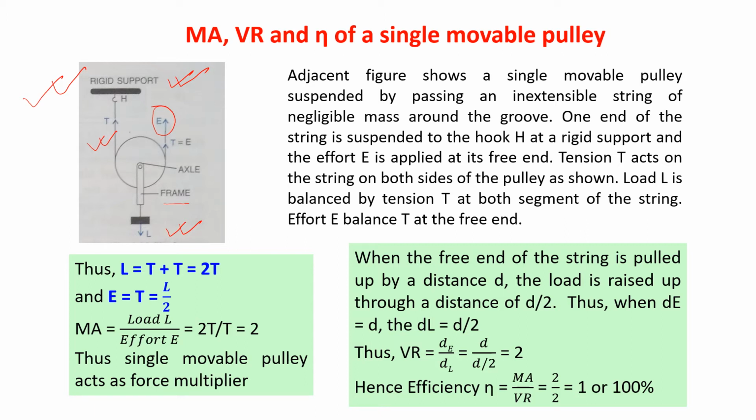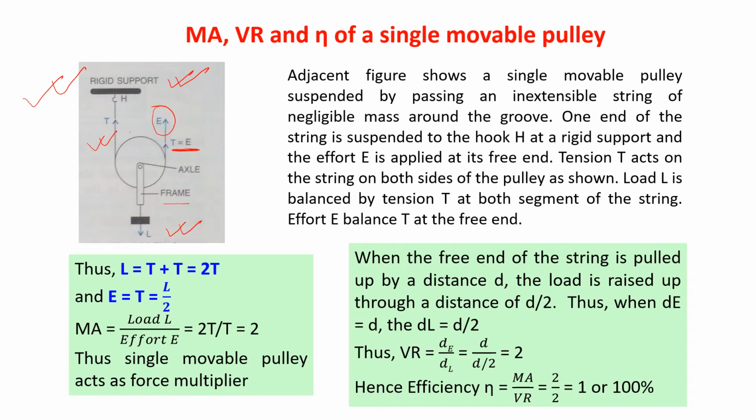So that means one load is balanced by two tensions, one on the left hand side and another on the right hand side. The left hand side string has a tension T, and the right hand side string also has a tension T. So the load is balanced by two tensions, and the effort is balanced by only one tension.